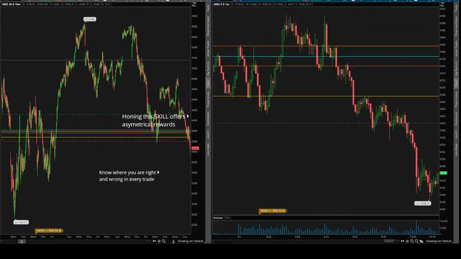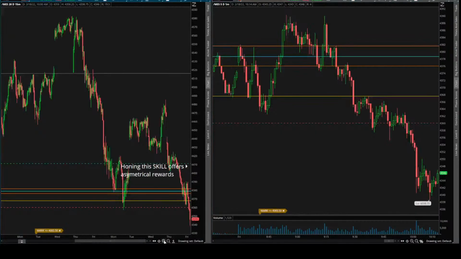All right, let's see if NASDAQ can do that little bounce down there at the 14,000 area. We're just a few minutes away from a new 15-minute candle. NASDAQ trying to close above it.